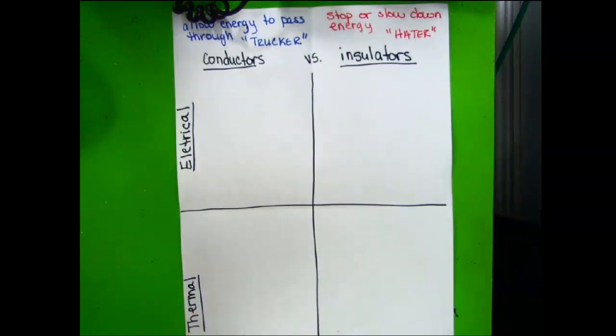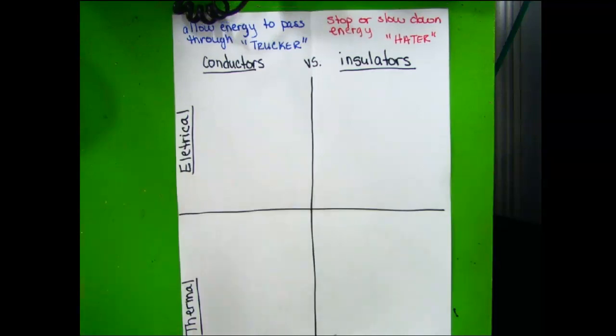So now to write down some examples of electrical conductors, let's use green. I'm going to write in green.